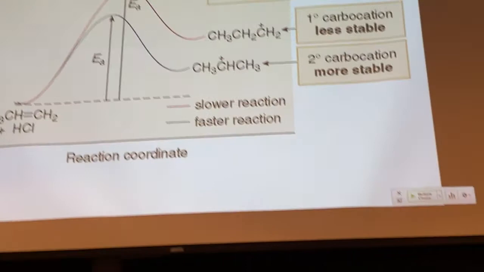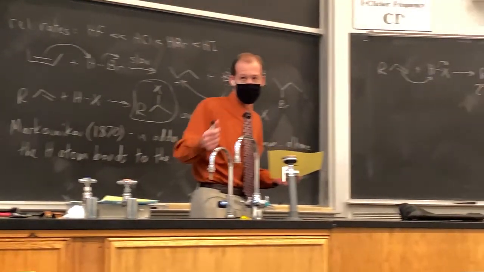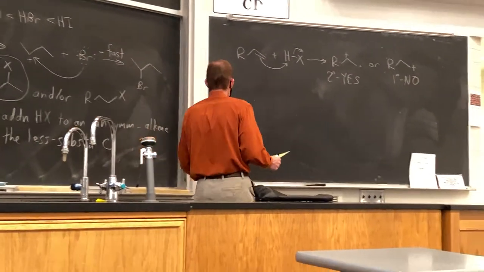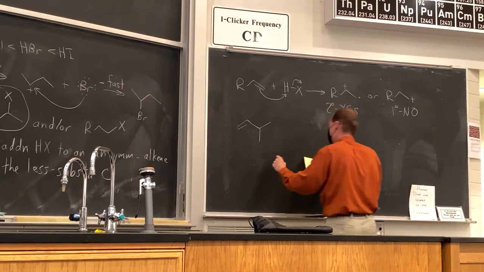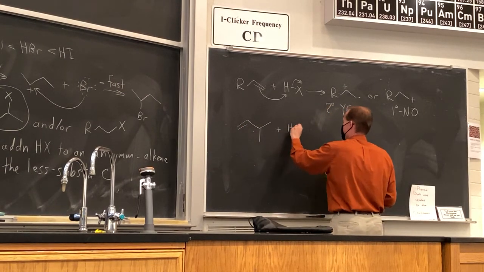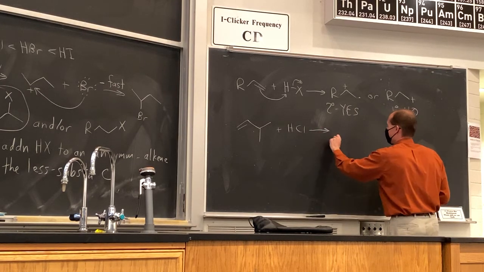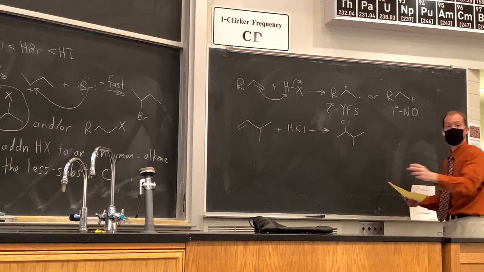So what do we need to look out for in this reaction? We can have rearrangements. Anytime we form a carbocation, we can have a rearrangement. So if we take this alkene, react it with HCl, we would expect to get the more substituted alkyl halide.